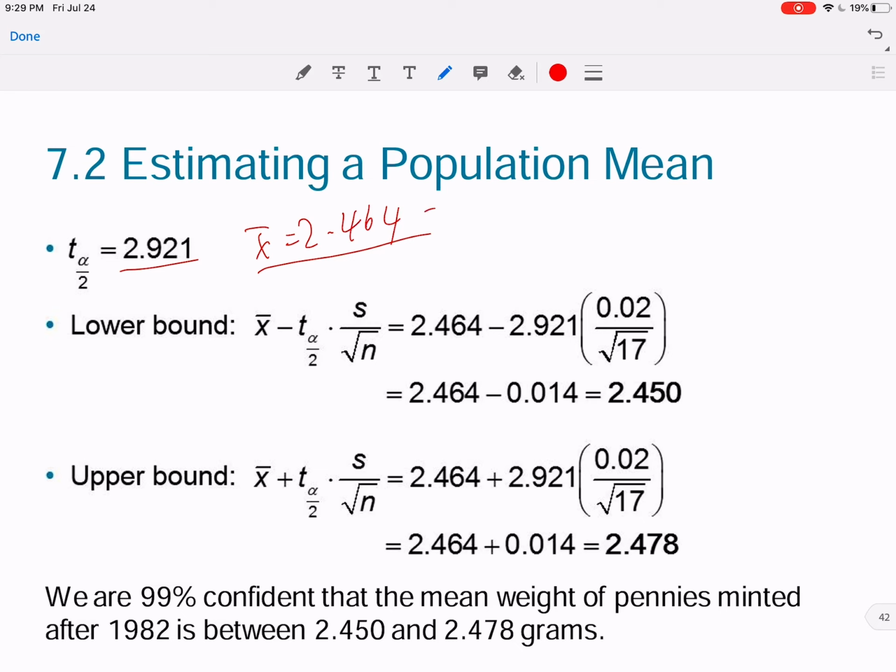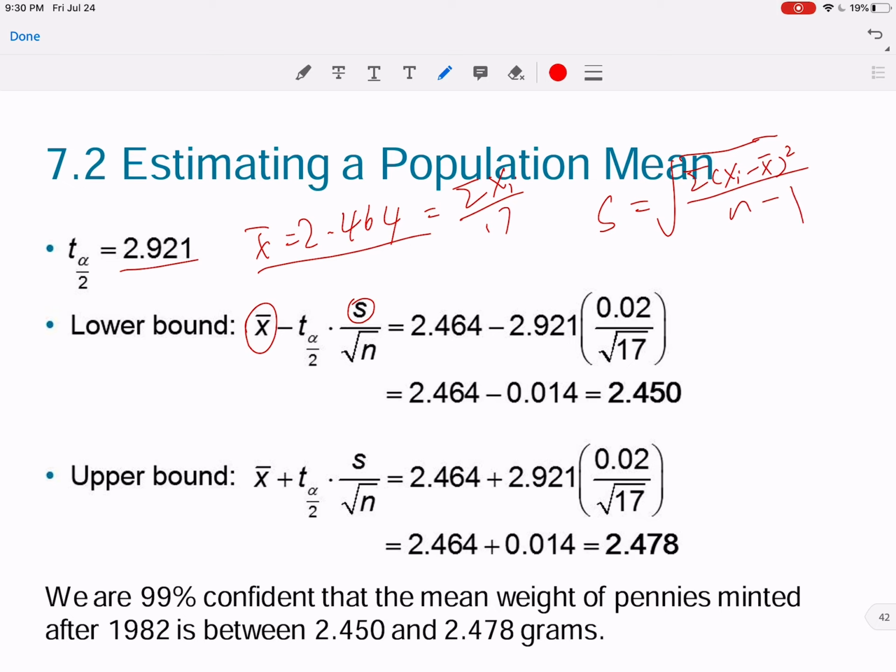Of course this is equal to the sum of all x values over n, which is 17. We can find both the sample mean x bar and the sample standard deviation from the calculator. But if you want to figure it by hand, we know that the sample standard deviation is equal to the square root of the sum of xi minus x bar squared all over n minus 1.